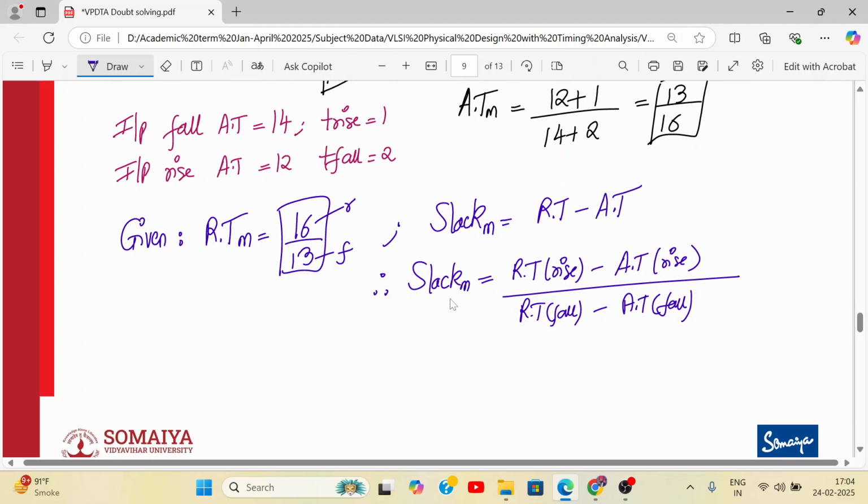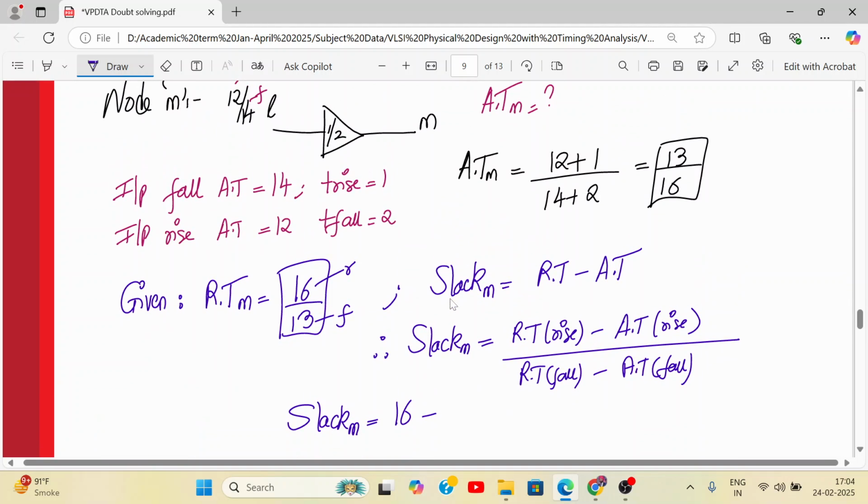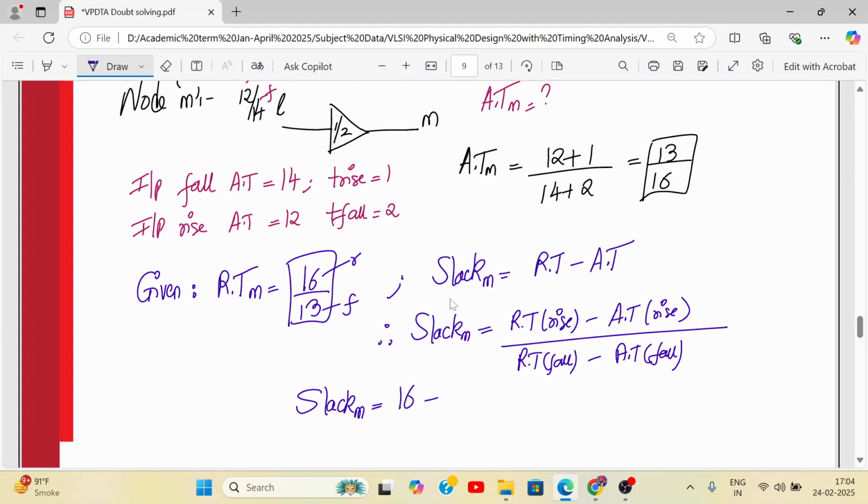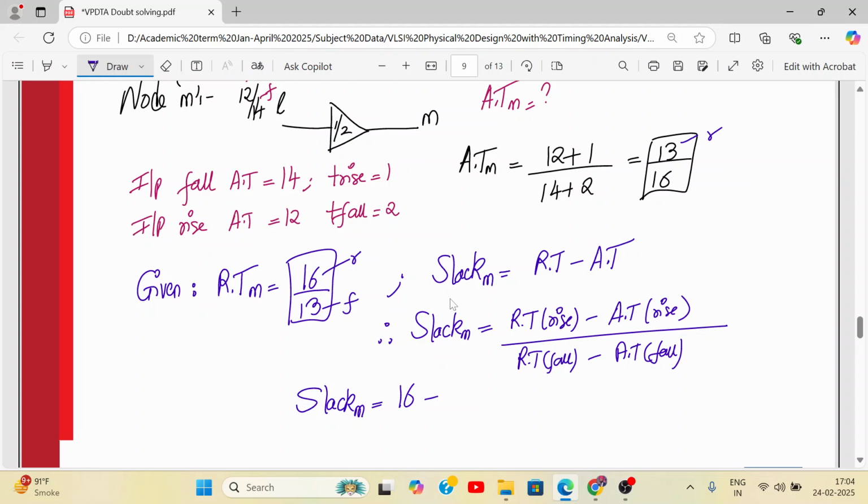Let us calculate the slack. How much is the rise time? Rise is 16, required time is 16 minus arrival time over here. This is rise, this is fall.